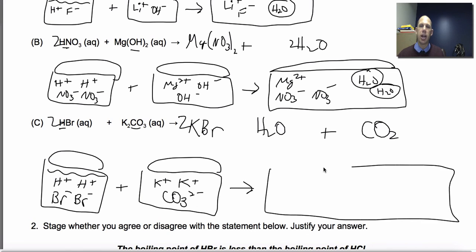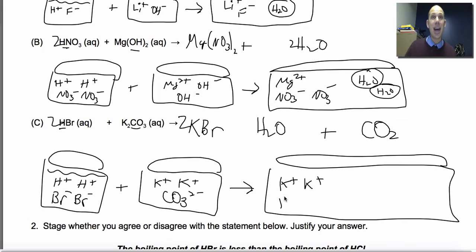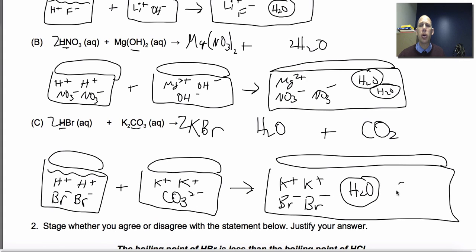Now this big beaker walks past me. Na na na na na na. Ba na ba, ba na ba. And here we have a water and CO2, but that's bubbly.